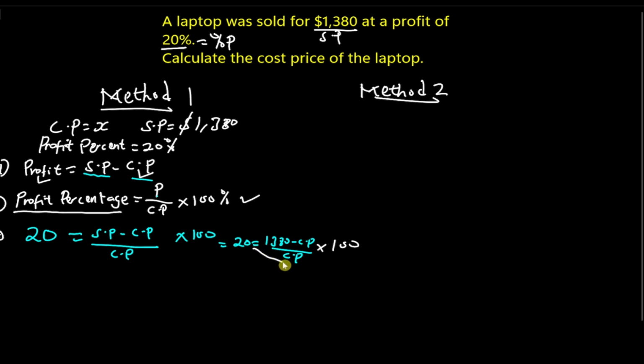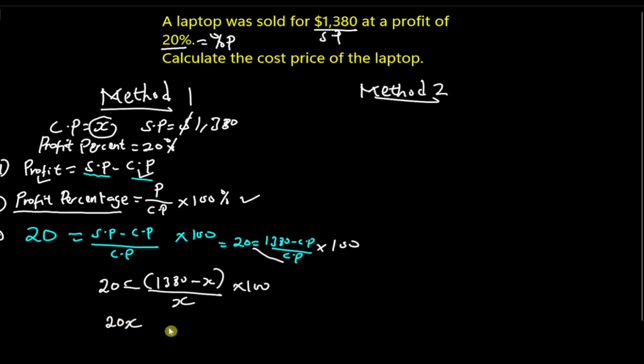For the cost price, we could use X. So 20 is equal to 1,380 minus X all over X times 100.